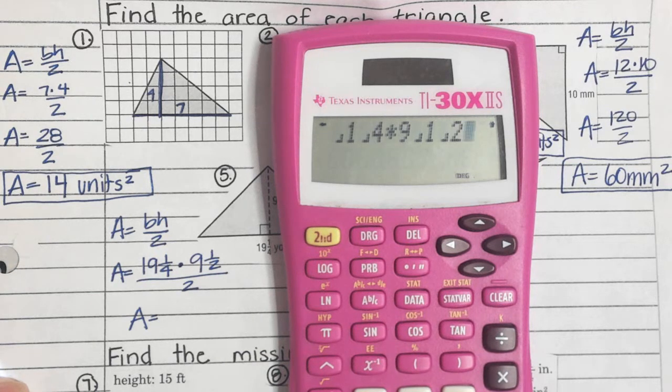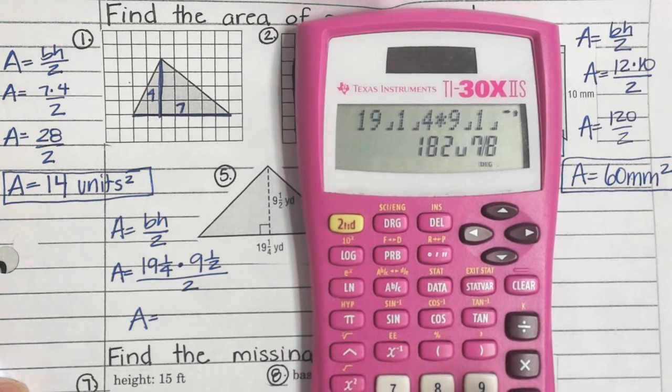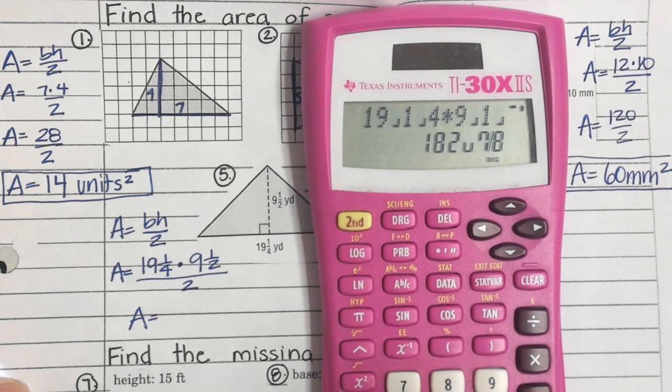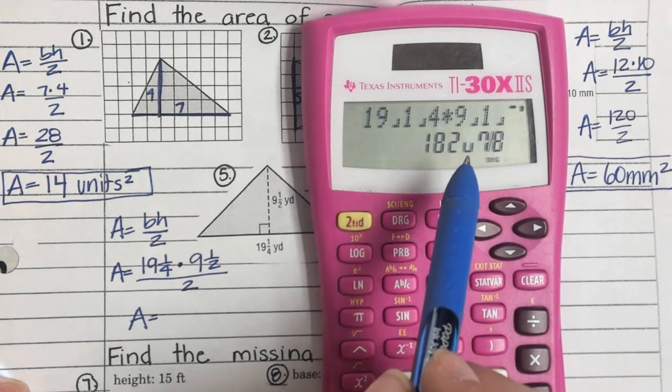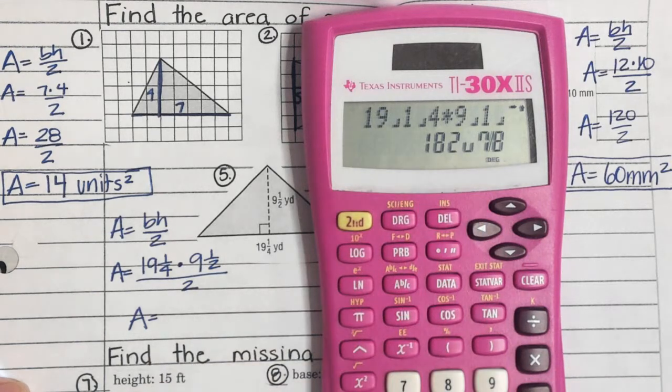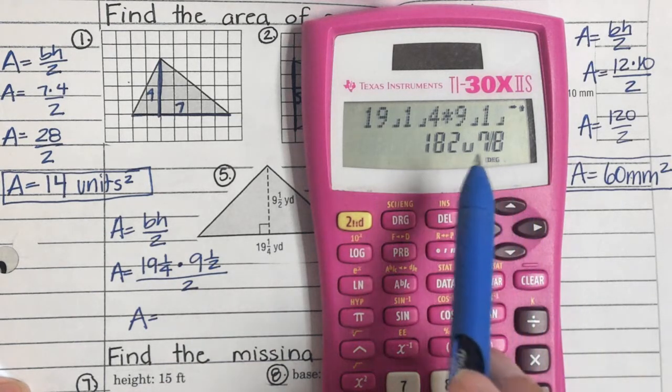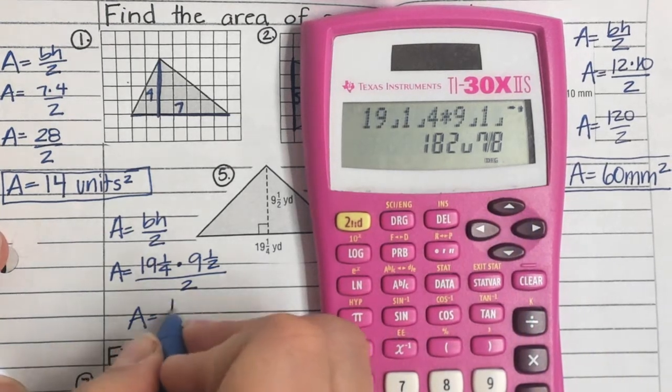Sorry, I'll slow down. And then hit enter. You just want to make sure you're putting that fraction button in between your mixed number and your fraction. This little U right here, that's a space. So your answer for right now, we're not done, remember, is 182 and 7/8.